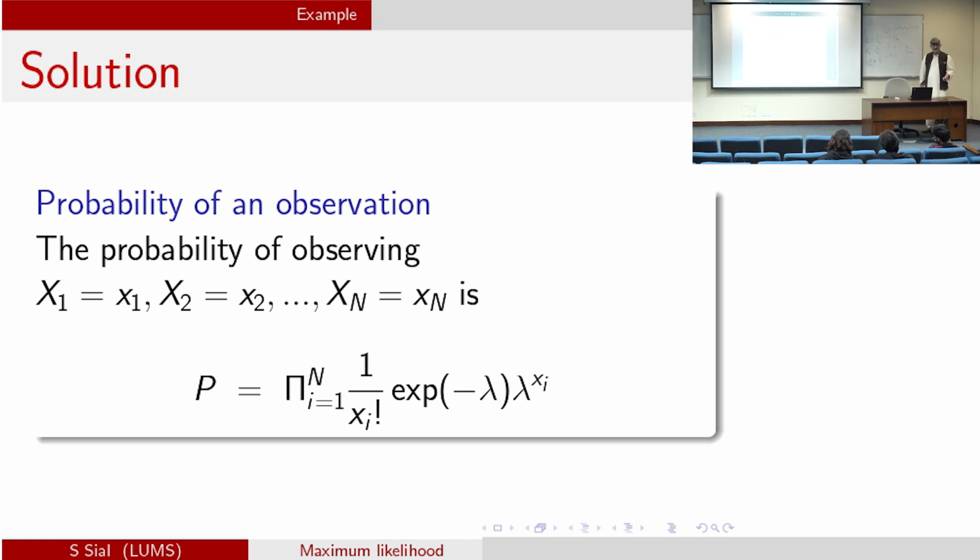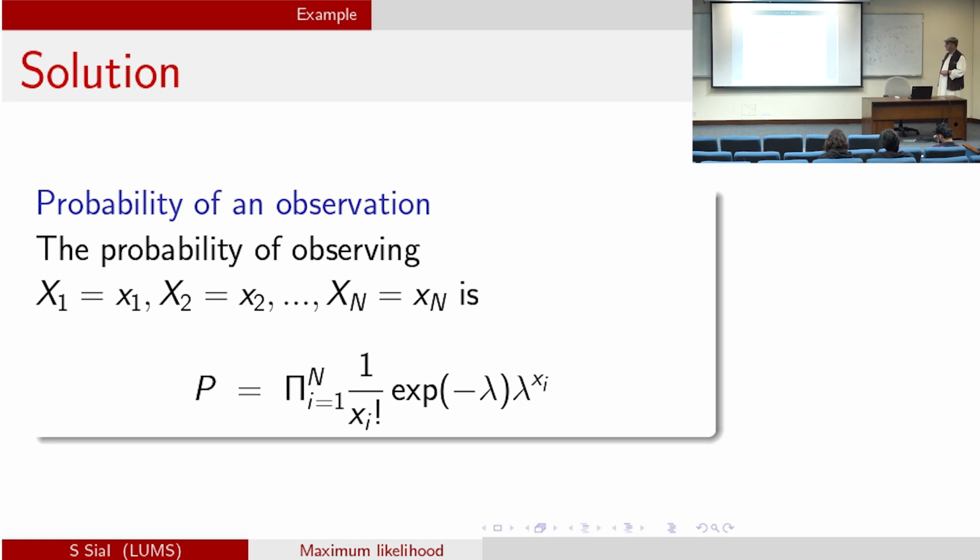Well, they're independent, so the probability of getting that set of values is the product of the individual probabilities. So it's the product from i equals 1 to n of the probability that Xi equals small xi, which is this here. So it's the product of all these Poisson probabilities given by the Poisson PMF.